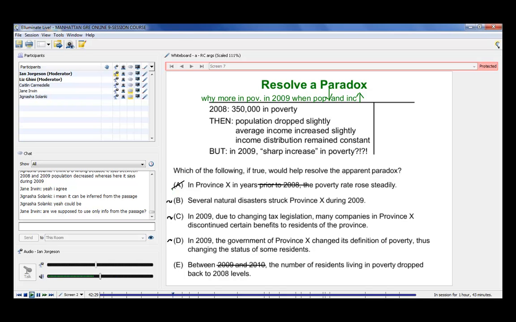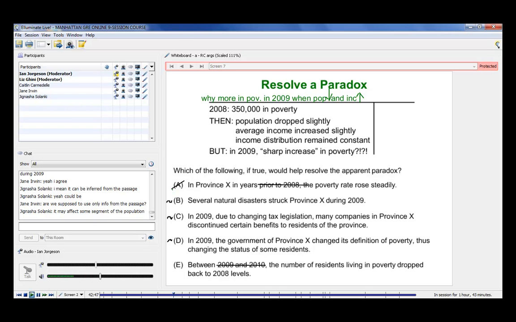Well, this is where things get difficult, Jane. You're supposed to only use info from the passage, but you have to be able to think about what the passage is implying.